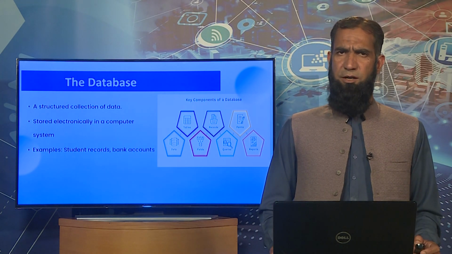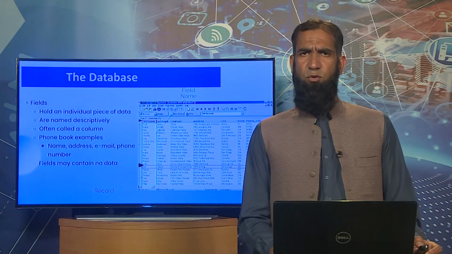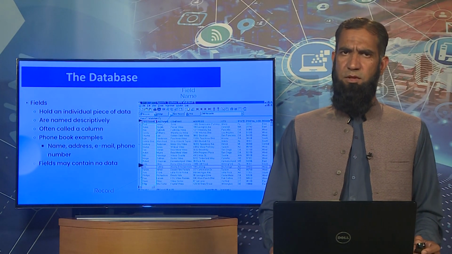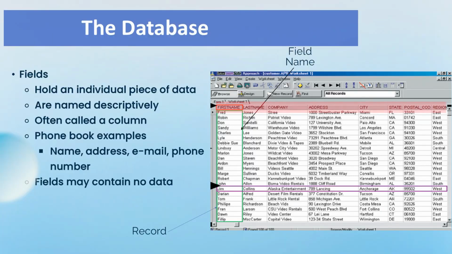First one is field. A field holds an individual piece of data. You can think of it as a column in a database. Each field stores one type of information, for example, names, addresses, phone numbers. Fields are usually named descriptively, so it's easy to understand what data they contain.